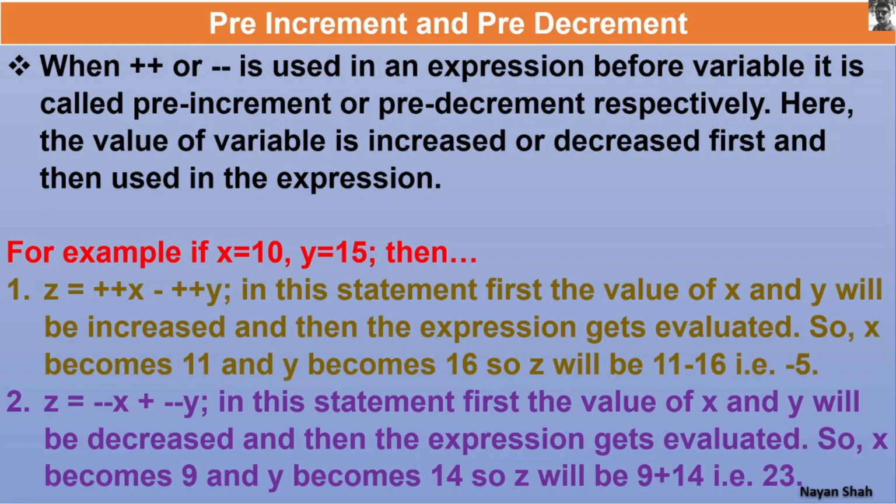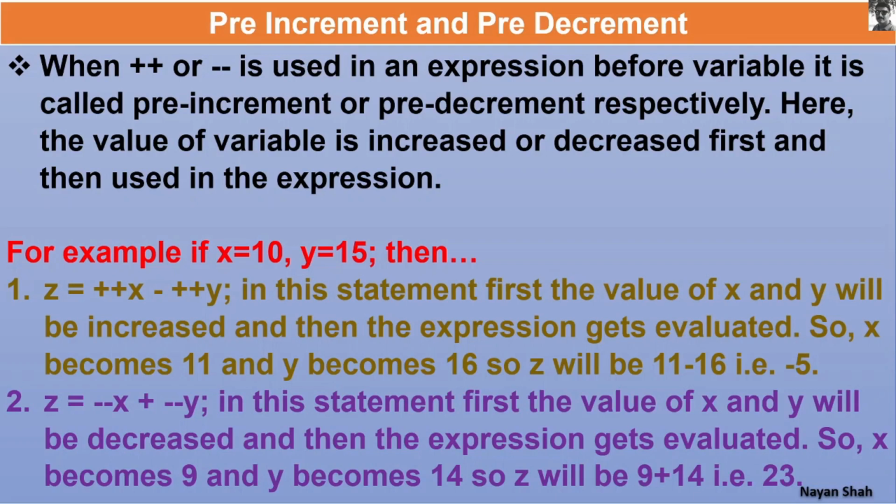Second example: again, if x is equal to 10 and y is equal to 15, then z is equal to minus minus x plus minus minus y. Here also x and y have pre-decrement. Pre-decrement means first the value will decrease. Prepaid: first we make the payment and then we use the service. Similarly, in pre-decrement and pre-increment, the value will decrease or increase first and then it will be used.